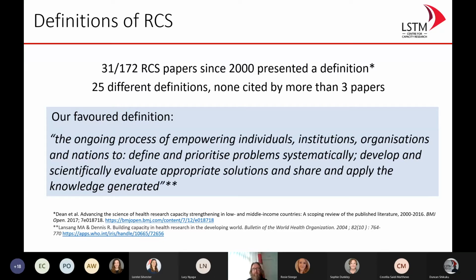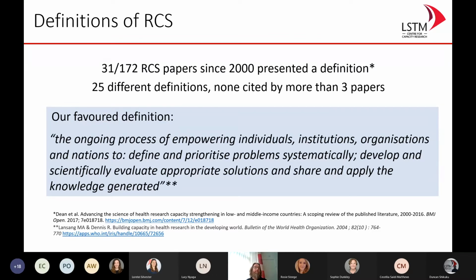And this is perhaps best illustrated through a review we completed a few years ago, where across 172 papers, all of which focused on research capacity strengthening, a definition was only presented in 31 of them. And across those 31 papers, there were 25 different definitions, certainly none cited by more than 3. So if you're struggling to find a standard definition, then you're not alone. It just really isn't out there at the moment.